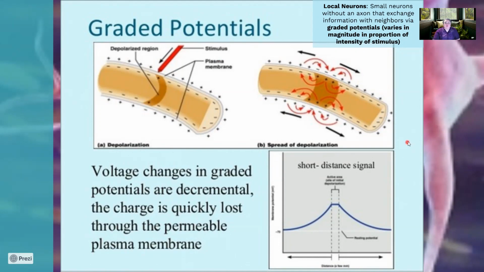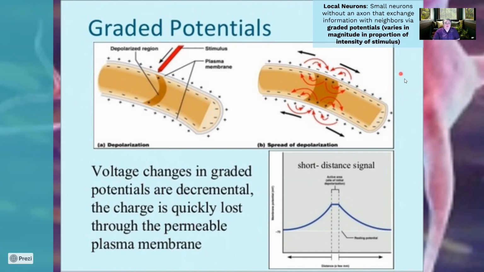So for these small local neurons that are more difficult to study, so we don't quite fully understand all of them yet, they're not going to have that all or nothing law that applies to them. They actually aren't even going to have, in the same sense, an action potential. They are going to have something called graded potentials.